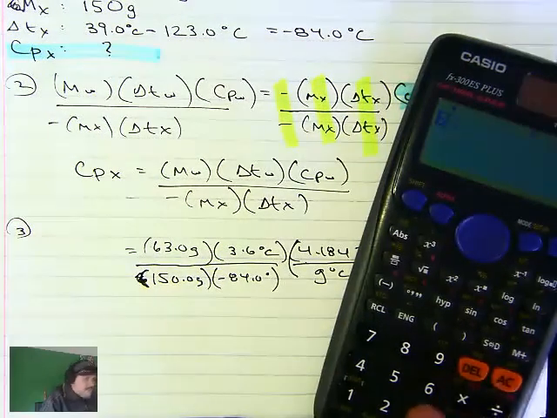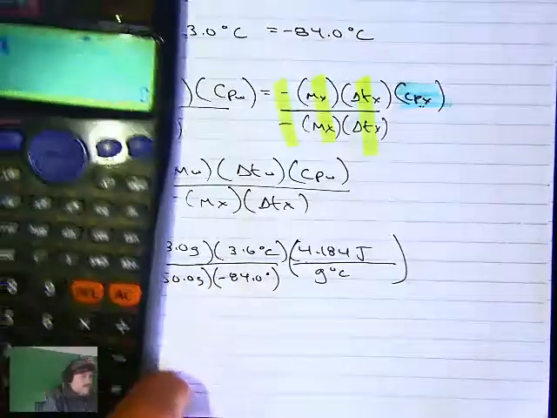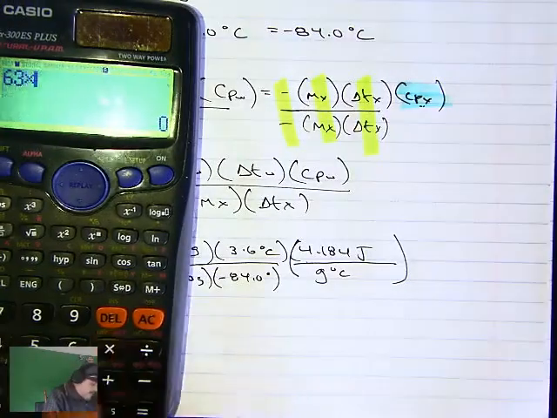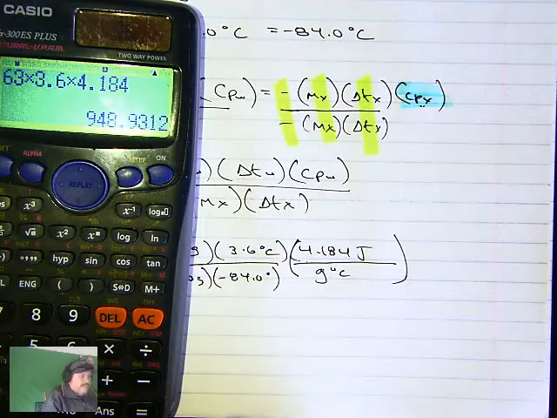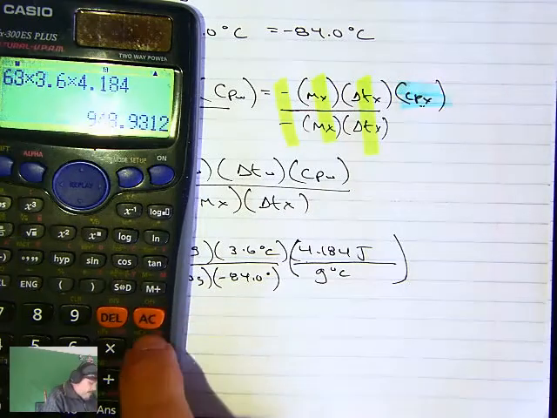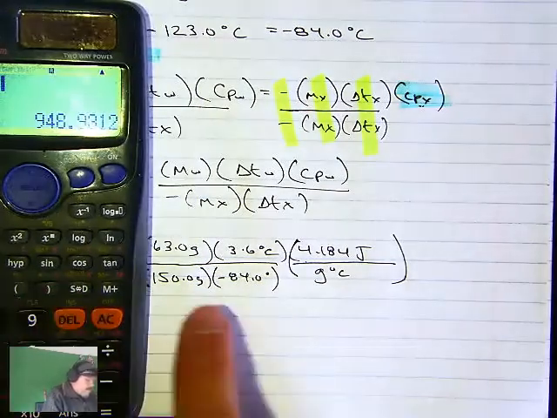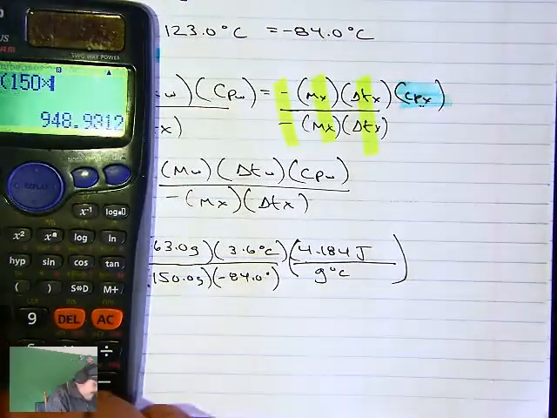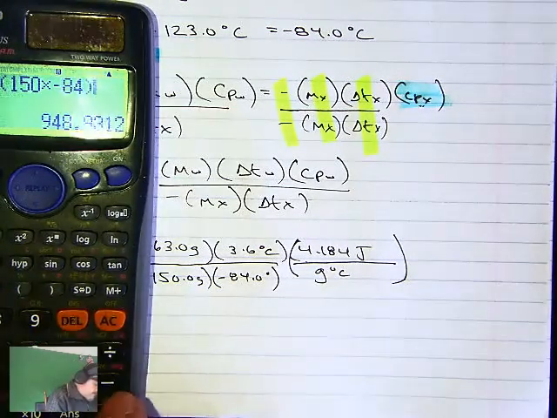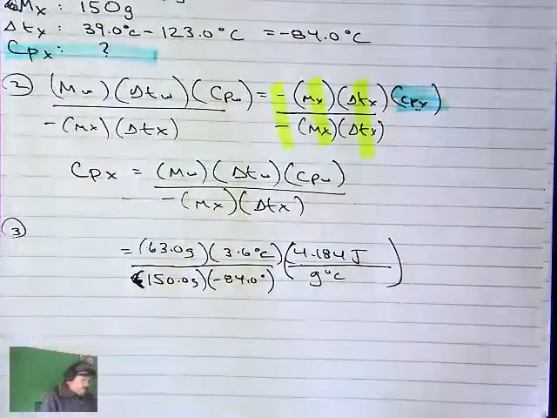On the top, it's 63 times 3.6 times 4.184. And I hit equals, and I get that number. And I hit divided by, open parentheses, because you're multiplying these two together, 150 times negative 84, close parentheses, equals, and I get this number.